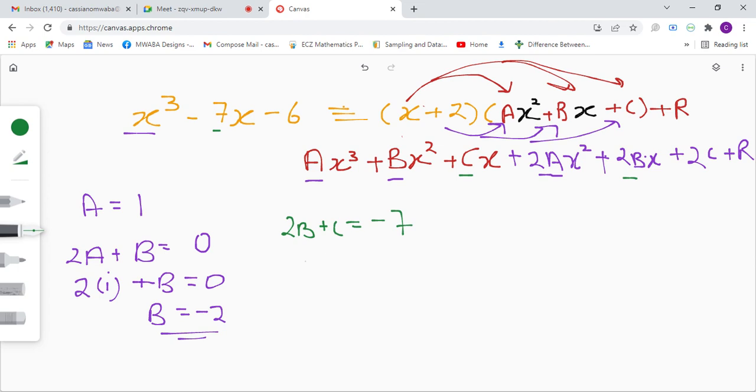We already have the value of b, which is -2, so we say 2 times -2 plus c equals -7. 2 times -2 is -4, so -4 plus c equals -7.